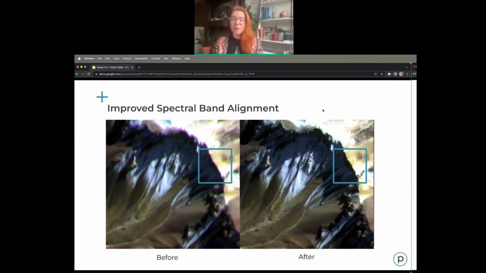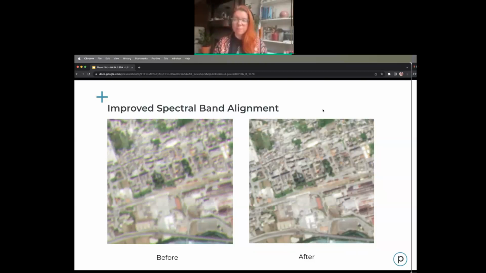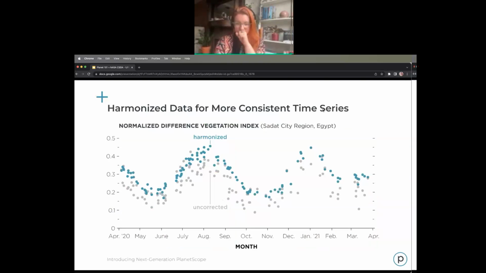This has brought misalignment down to less than 1.5 meters, or less than half a pixel, between the individual bands. This is another example of the spectral band alignment improvements with the new sharpening kernels applied.